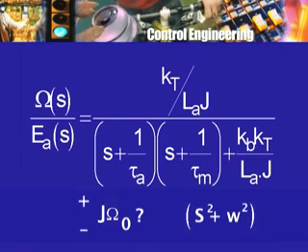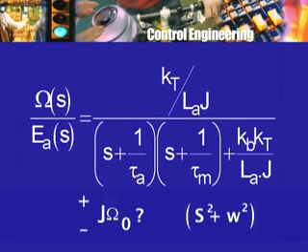What do you think? For some values of tau a, tau m, motor time constant, the armature time constant, the back EMF, the torque coefficient, the inductance and the moment of inertia, for some specific numerical values, if I substitute and simplify, will it become an expression like s squared plus omega squared? The answer is no. Why?